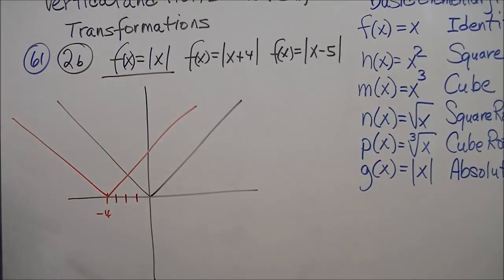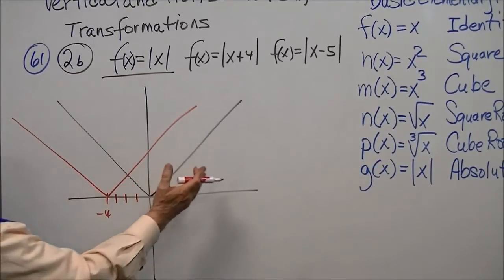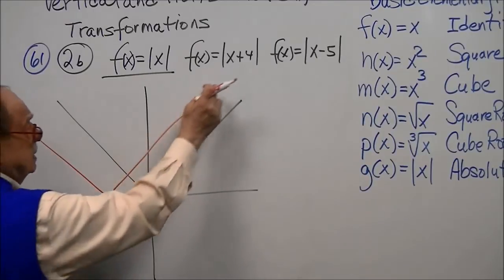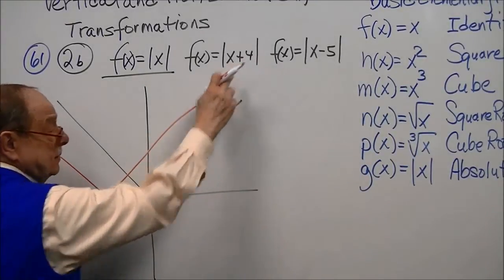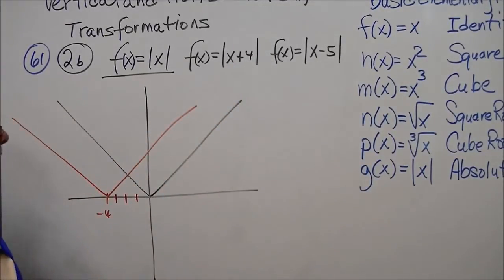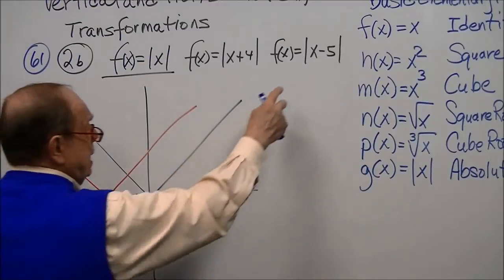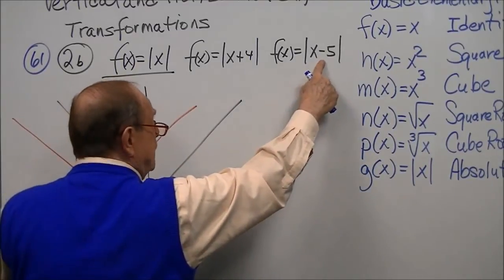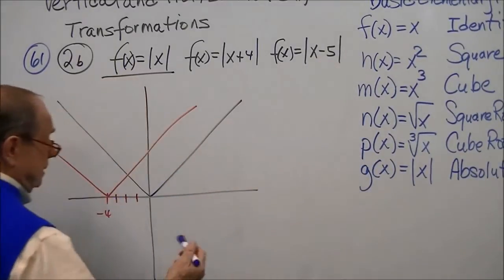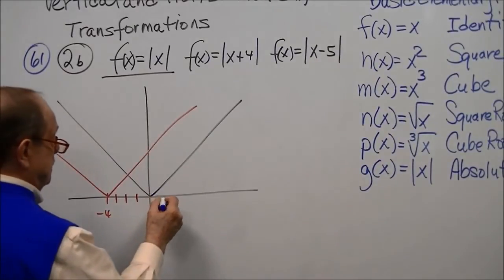And that will be a horizontal shift to the left when that's a positive. And we proved that just a few moments ago. And then this one would be a horizontal shift 5 units to the right of 0.